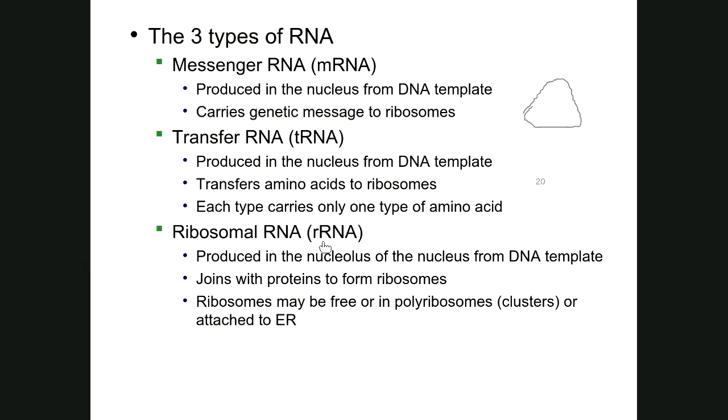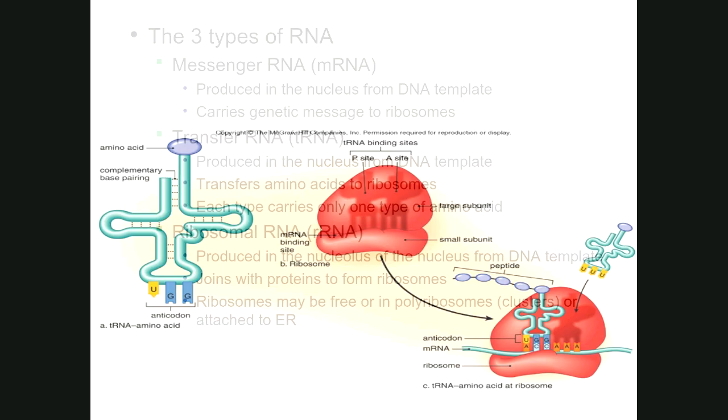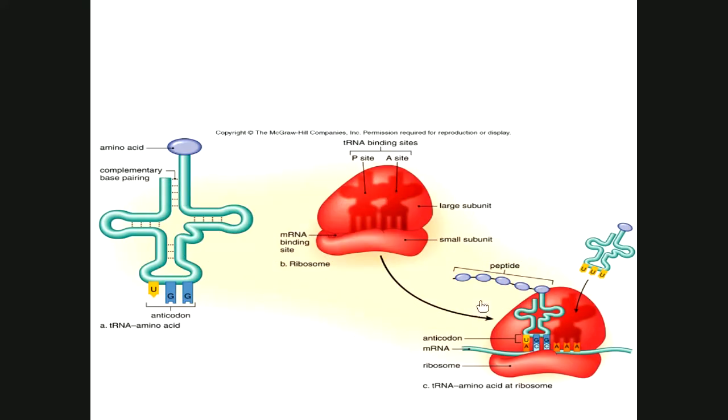This RNA also produced from the DNA template, and this RNA basically help to produce the ribosome structure. So these are the three types of RNA we should know now. You can see the structure. This is the picture of the ribosome in the cell, the red spot.